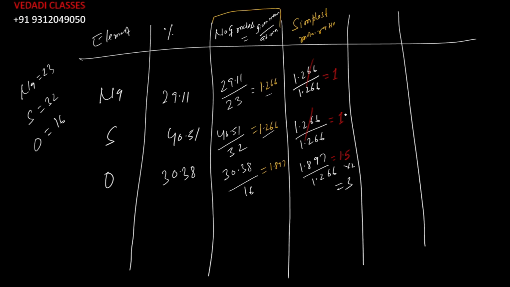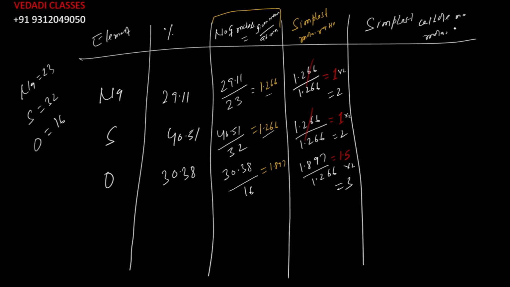So it will come 2, 2, and 3. Thus the simplest whole number molar ratio is 2, 2, 3.